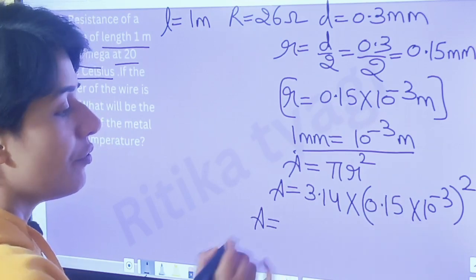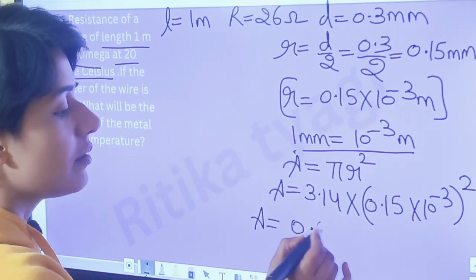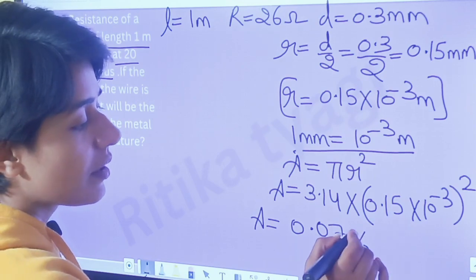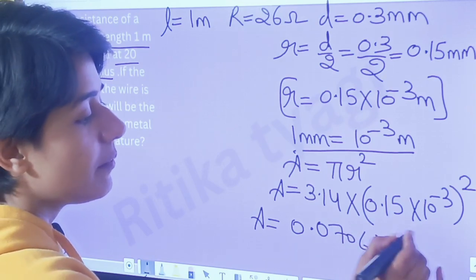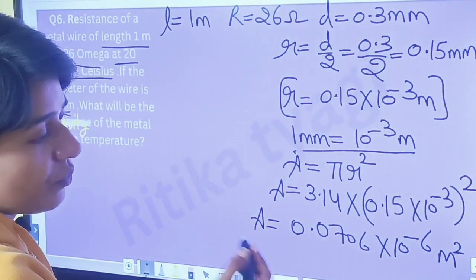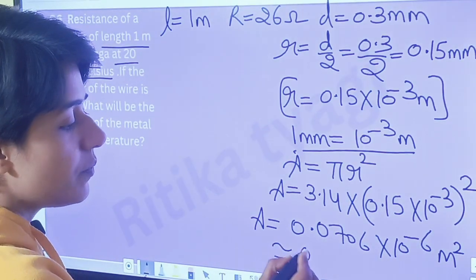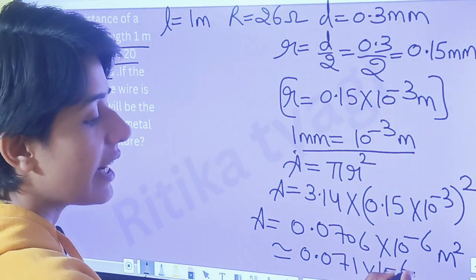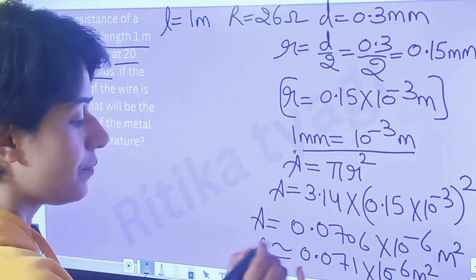On solving it, we get 0.0706 something into 10 to the power negative 6 meter square area, which is approximately equal to 0.071 multiplied by 10 to the power negative 6 meter square.